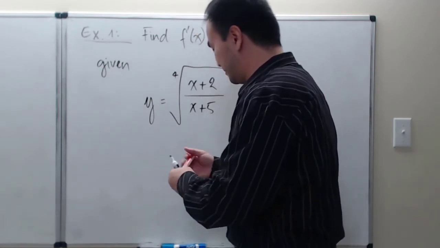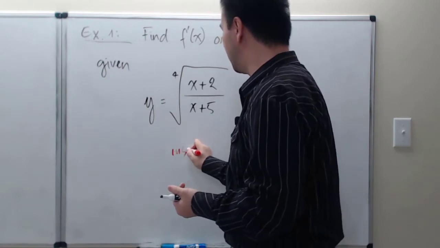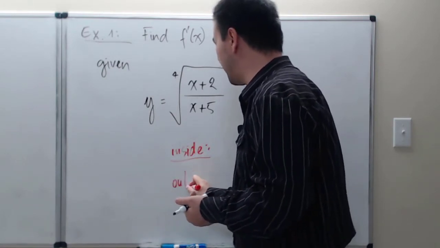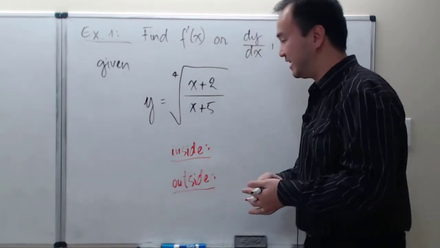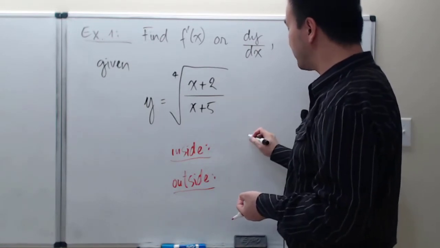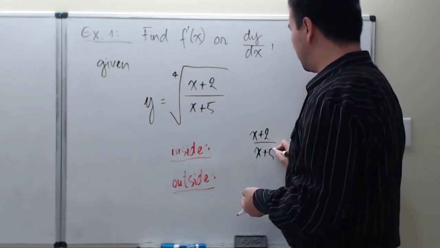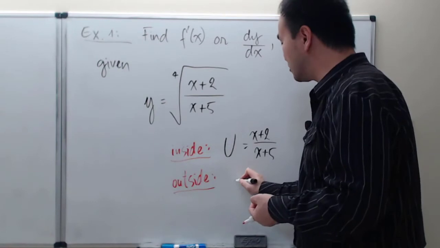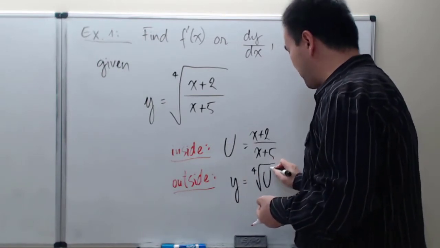Pretty much anyone has their own choice of how to name the inside and the outside function before using the chain rule, but a good recommendation for the inside could be x plus 2 over x plus 5, substituting that for u. Then your outside function becomes y equals the fourth root of u.